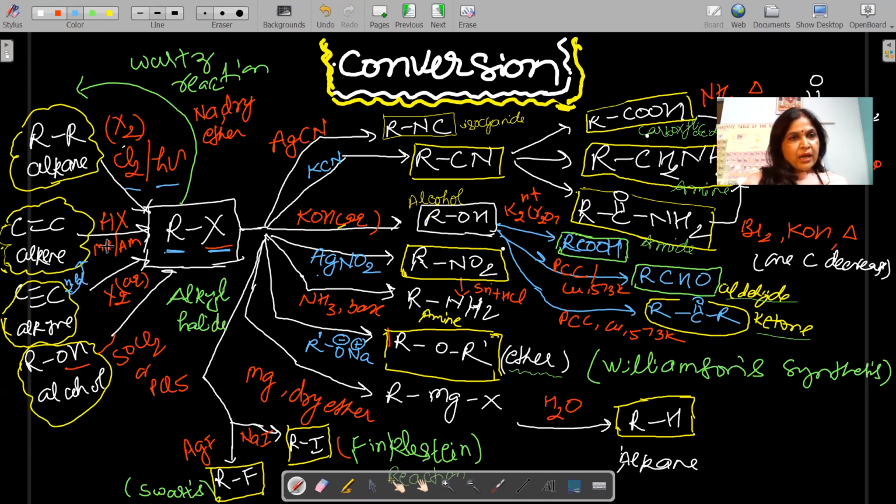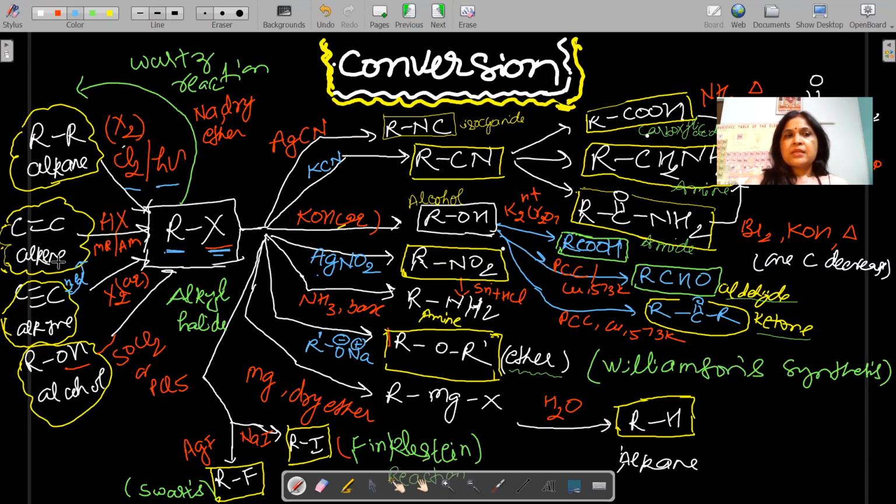From alkene to alkyl halide, we have to add HX, in which we follow Markovnikov rule or anti-Markovnikov rule. It depends: if the alkene is unsymmetrical and the halide is coming at the terminal position, then we have to follow anti-Markovnikov rule, meaning we will add HBr and peroxide.